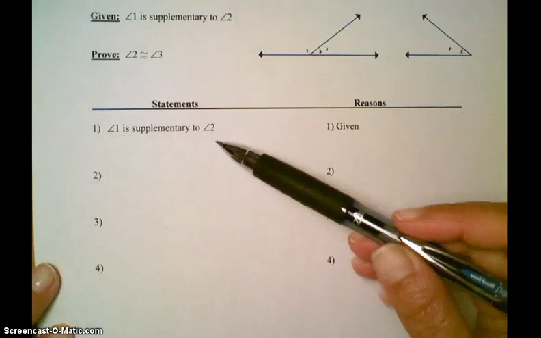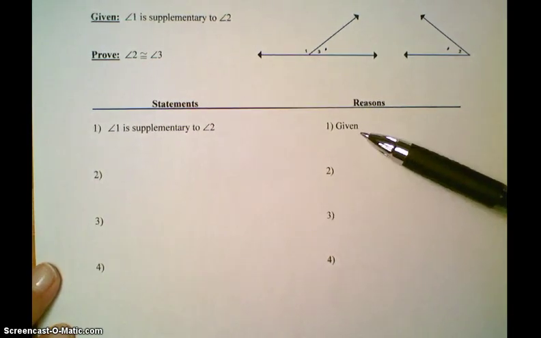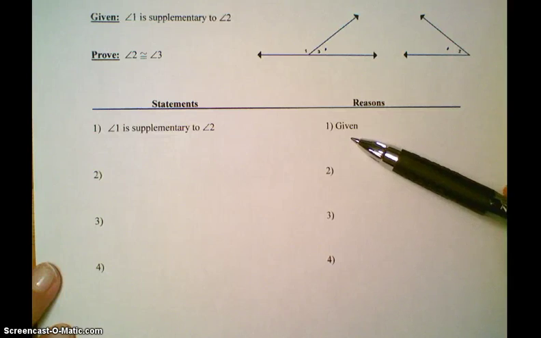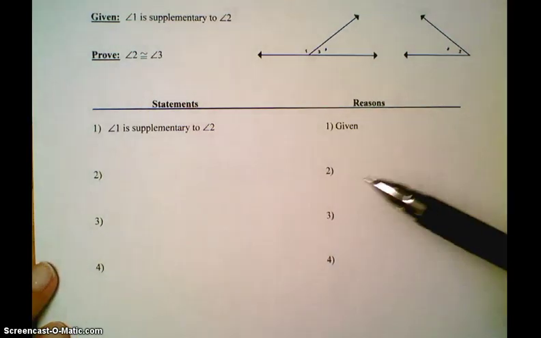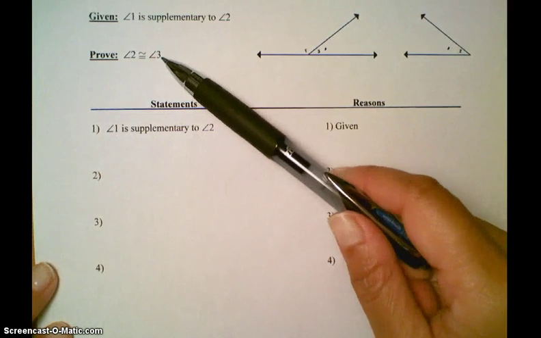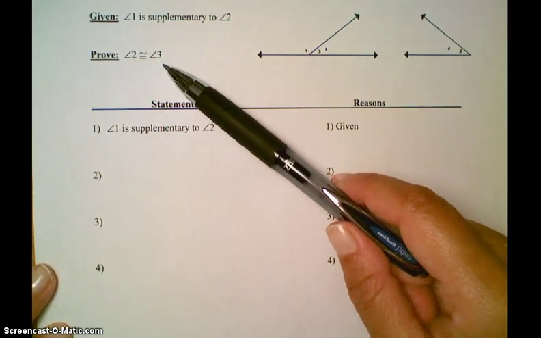So at this point, I start with my givens as usual. Angle 1 is supplementary to angle 2. Great. And then you have choices of where you can go next. My option is, well, if I'm trying to prove something about angle 3, I probably should say something about angle 3.